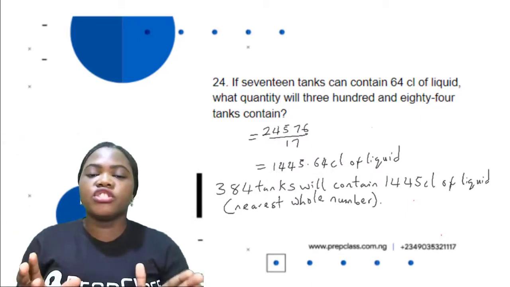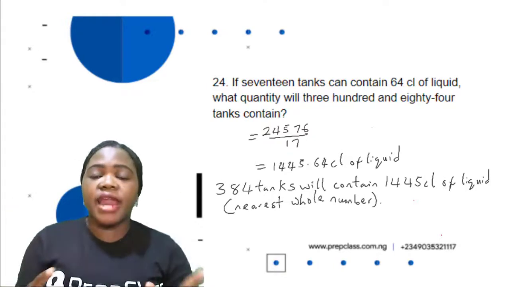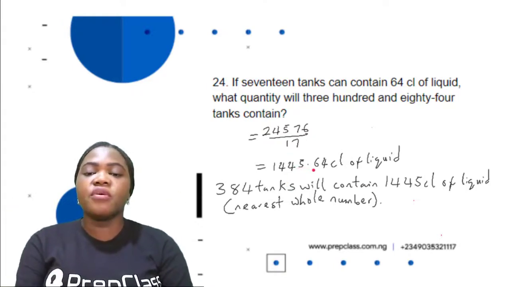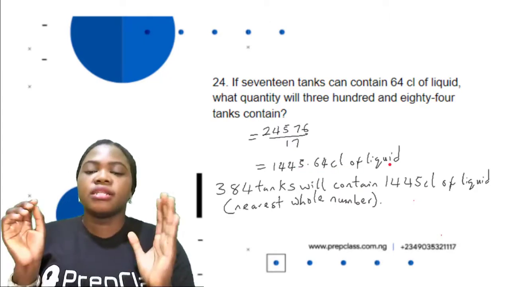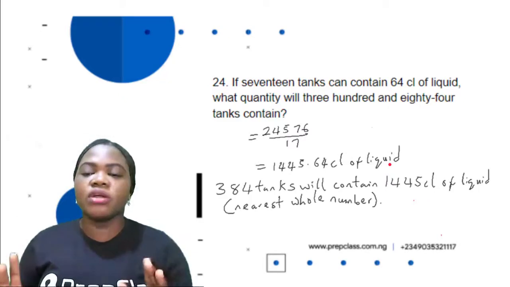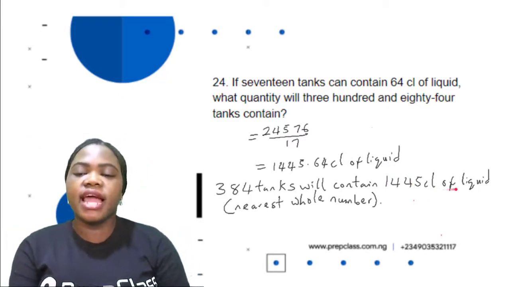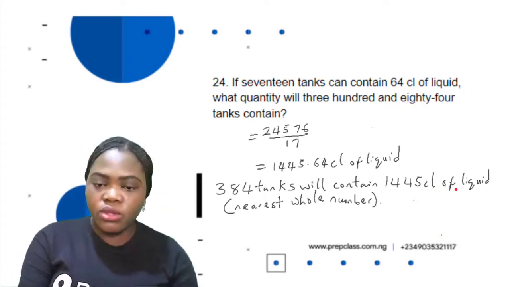When you do your long division, you find out that 24,576 divided by 17 is 1,445.64 cl of liquid. So 384 tanks will contain 1,445 cl of liquid when we round to the nearest whole number.